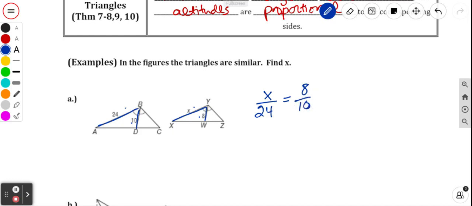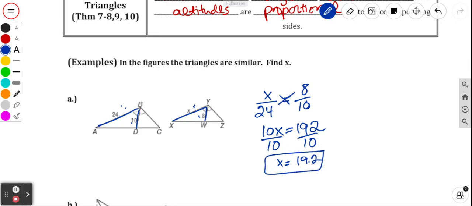But you could also do x over 8 equals 24 over 10. There's a lot of different ways. So we're going to cross multiply here. We're going to have 10x equals 192. Then if you divide by 10, we get 19.2. So there's the first one.